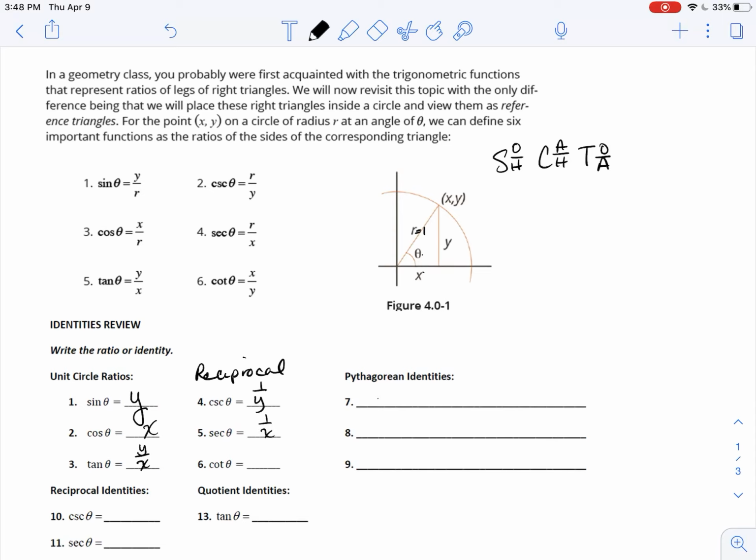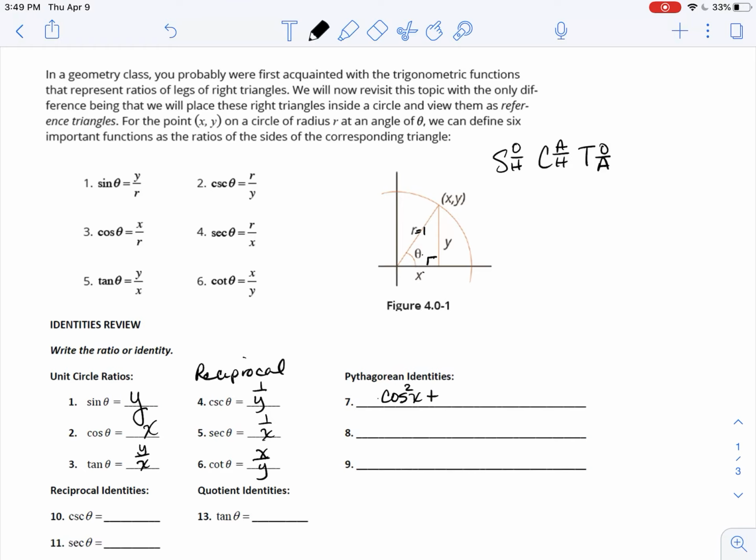We have reciprocal identities, and we just reciprocate each of these values. So I have 1 over y, 1 over x, and if I flip this guy, I'm going to have x over y. Now, since this is a right triangle, we can do Pythagorean Theorem to find the hypotenuse.